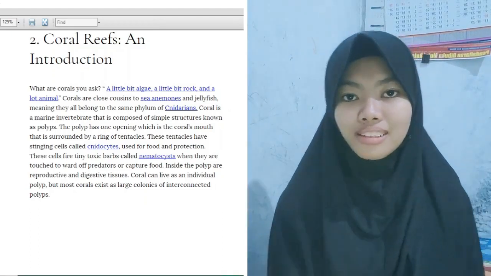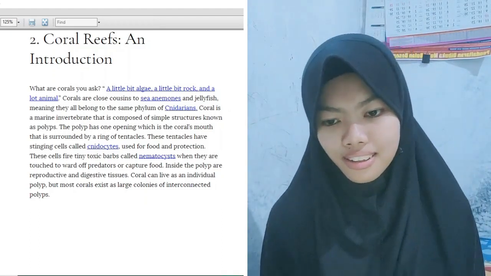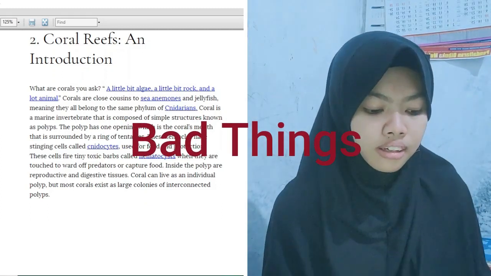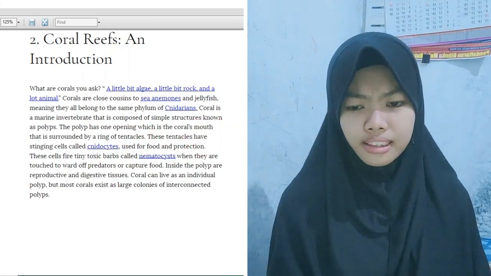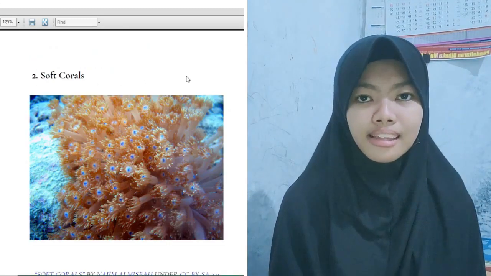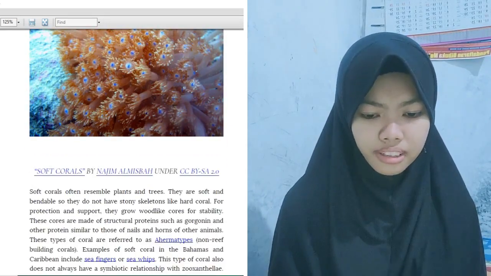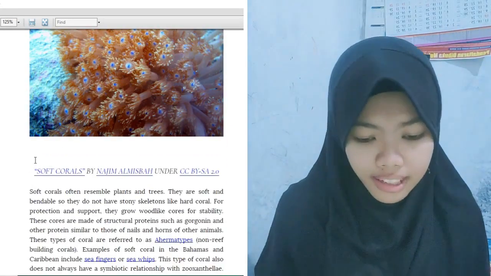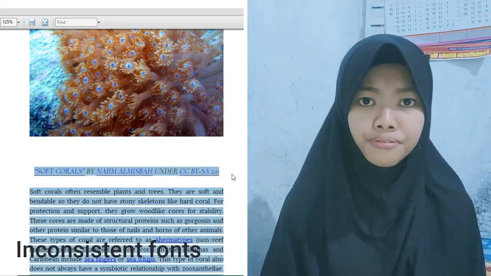Okay, then I will tell you what are the parts that I dislike about this book. It is not a big problem, but it surely disturbed me when I was reading this. For example, the inconsistency of the font.